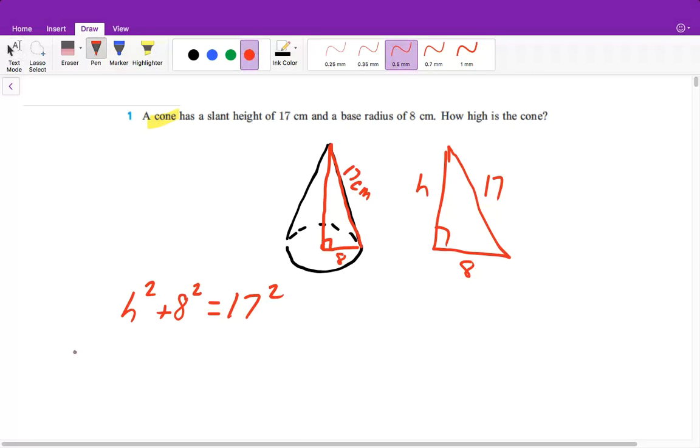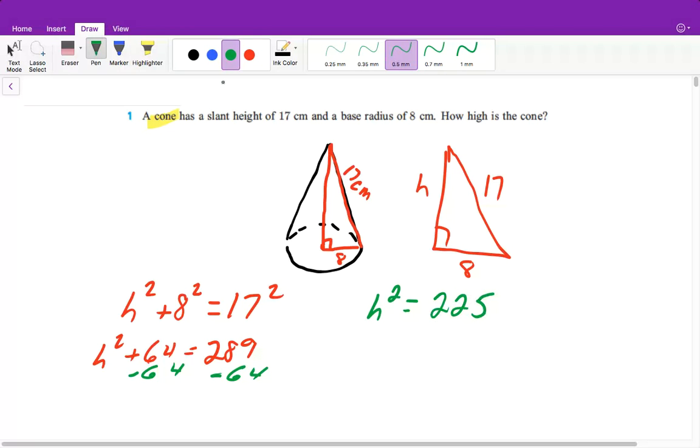So then we have h squared plus 64 is equal to 289. We can subtract over the 64. So then we get h squared is equal to 225. Take the square root from each side.